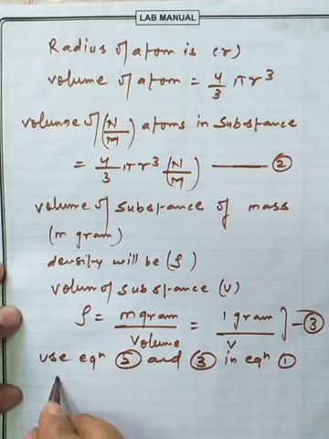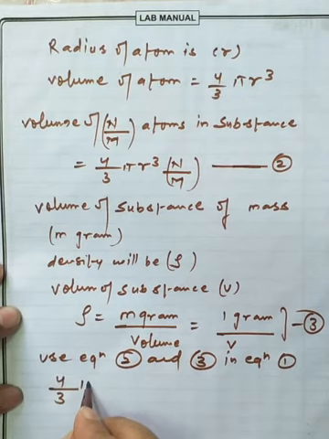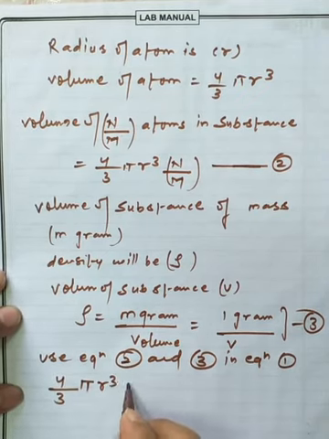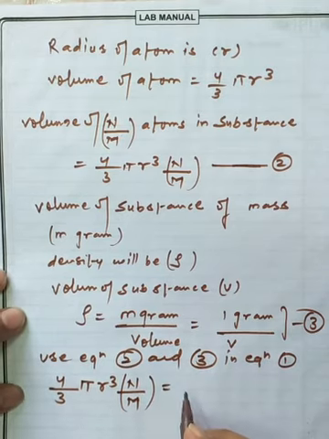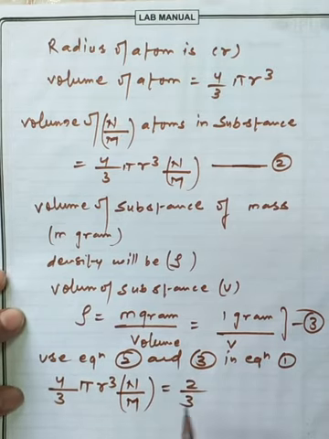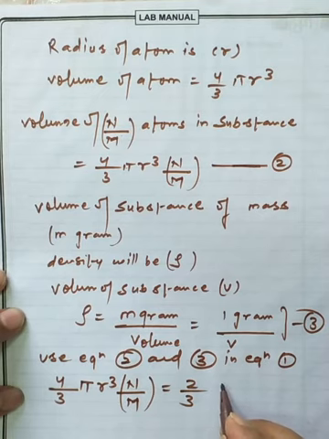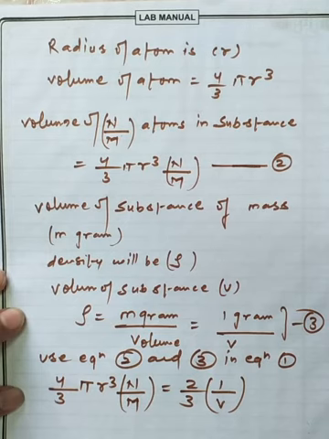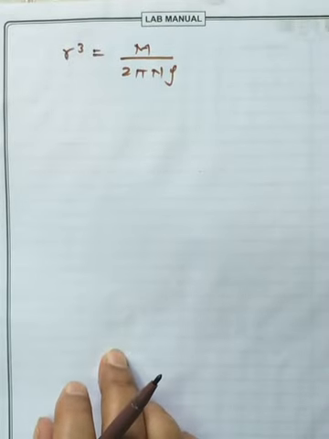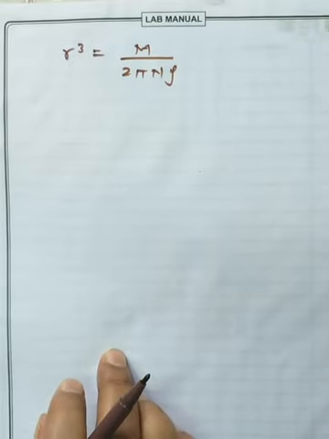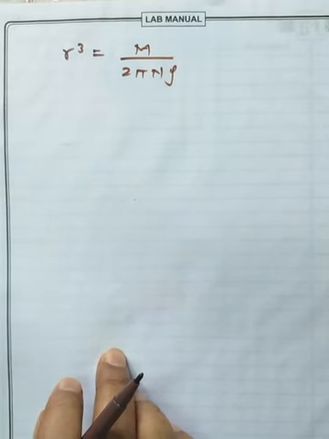So what we get is 4 by 3 pi r cube N by capital M, the molecular mass, is equal to 2 by 3 of 1 upon V. Actually we have to calculate r cube, so we separate r cube and solve the fractions. We get r cube is equal to 3M upon 2 pi N rho.